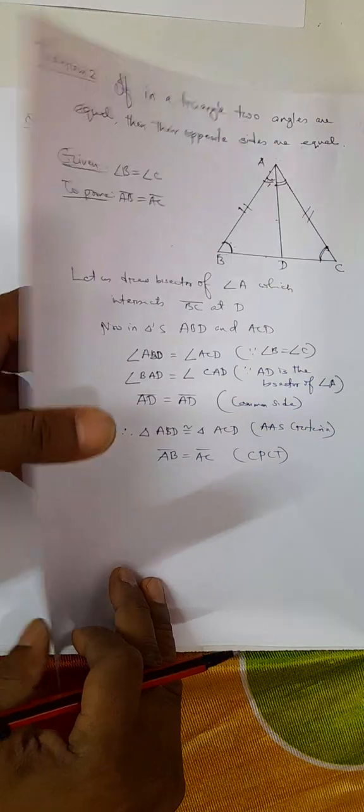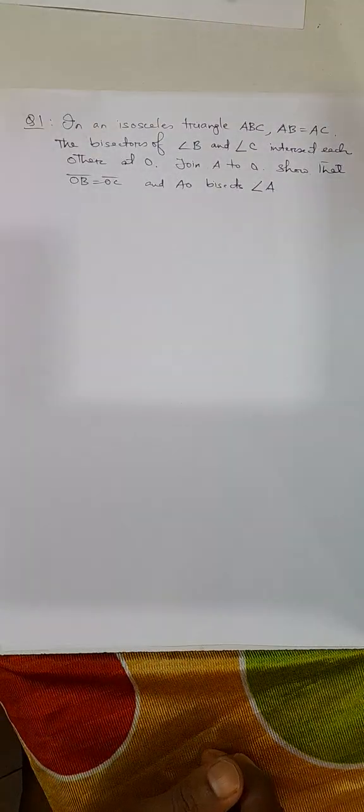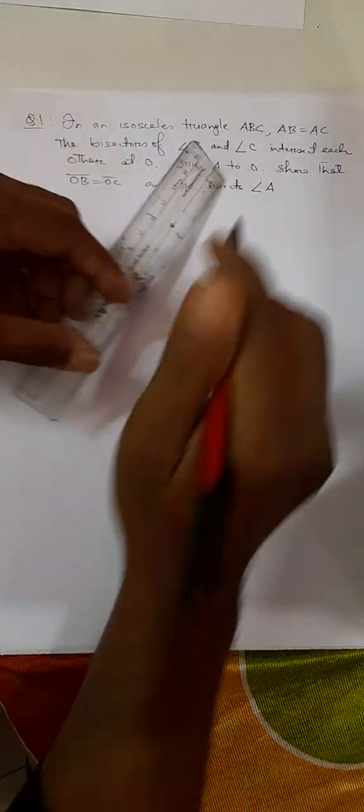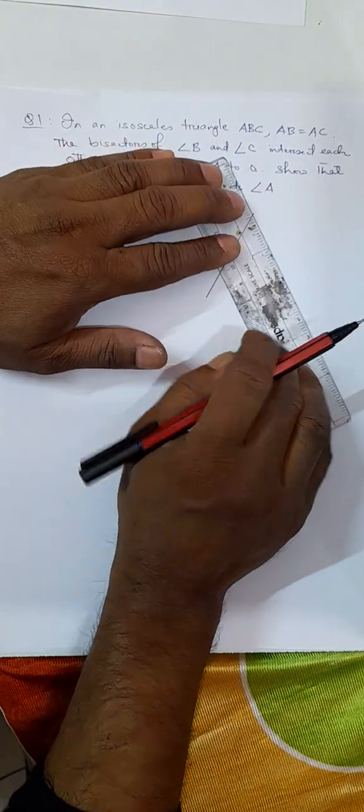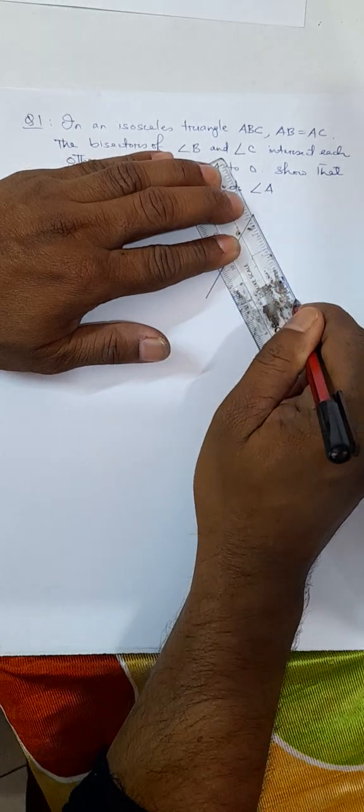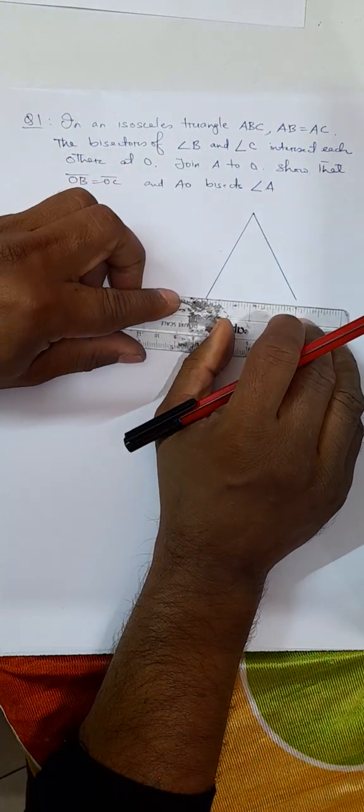Now let us solve some problems based on these two theorems here. In an isosceles triangle ABC, AB equal to AC, it is given. It is an isosceles triangle.